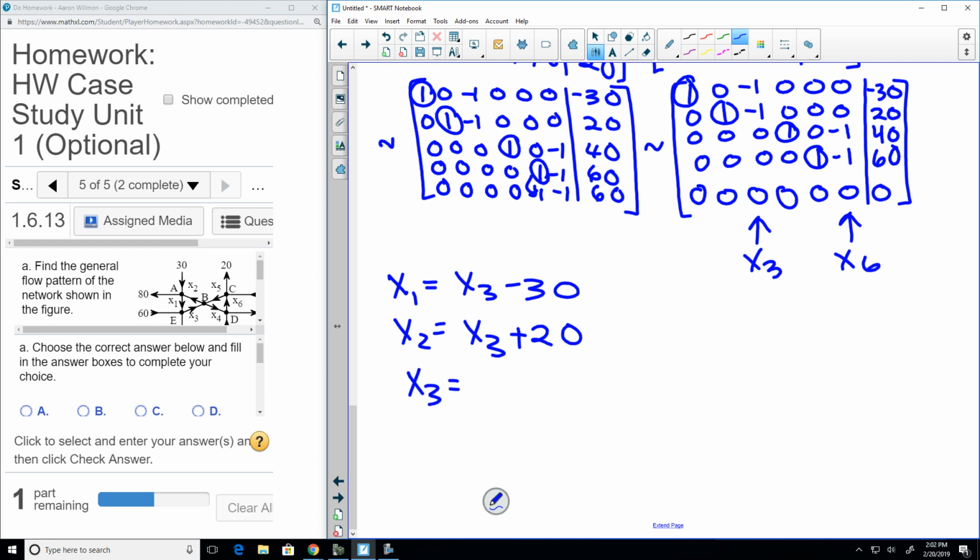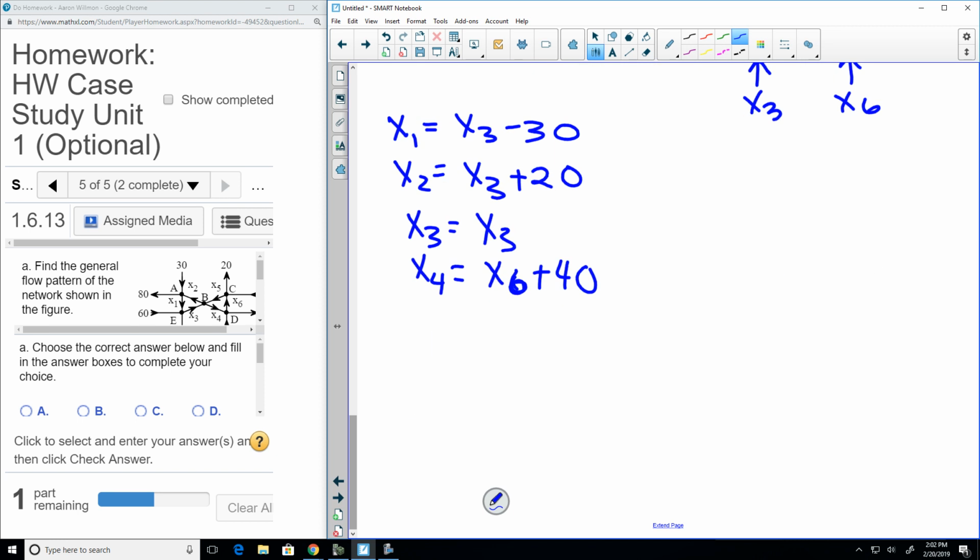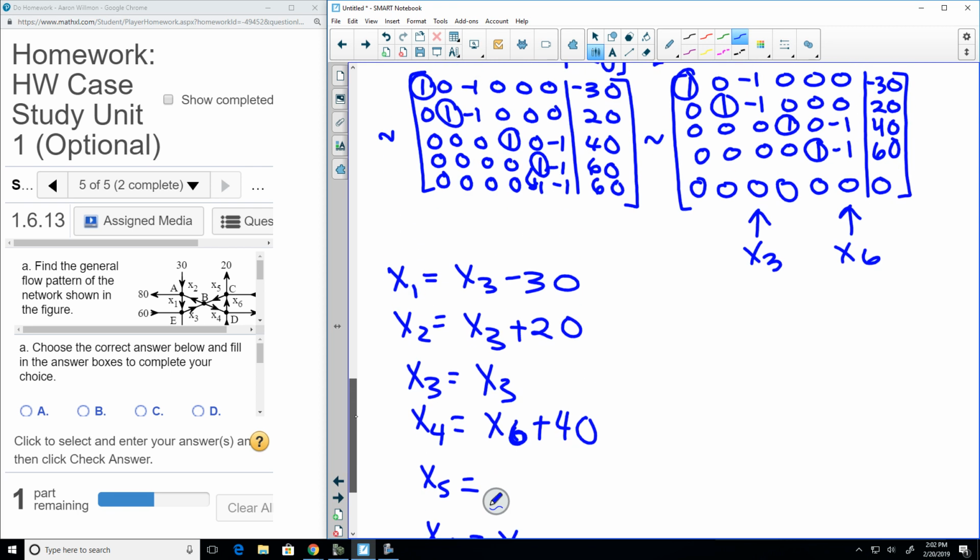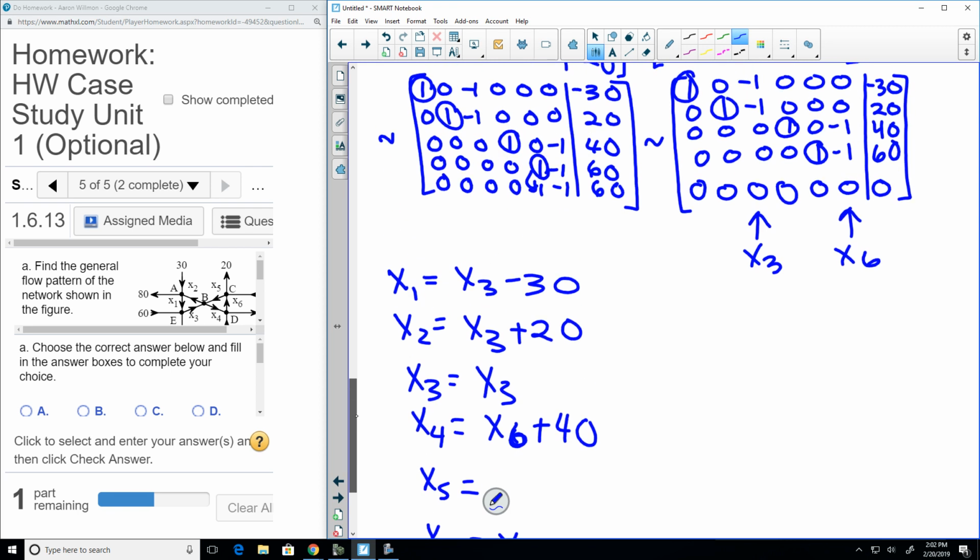X3 is free. X4 is X6 plus 40. X5 is X6 plus 60.